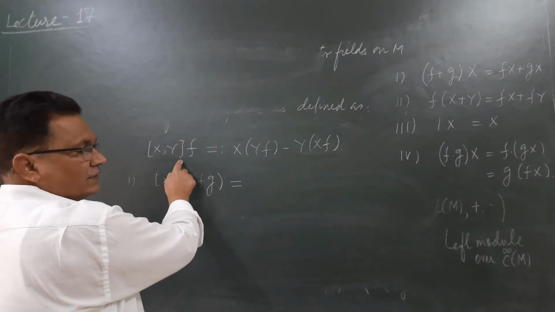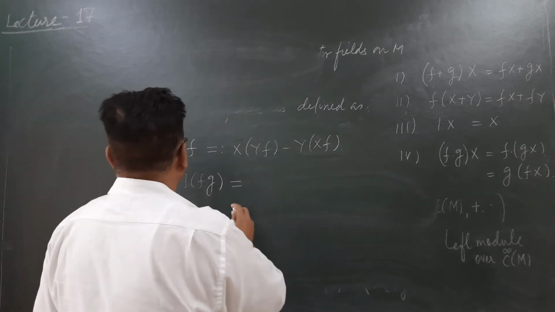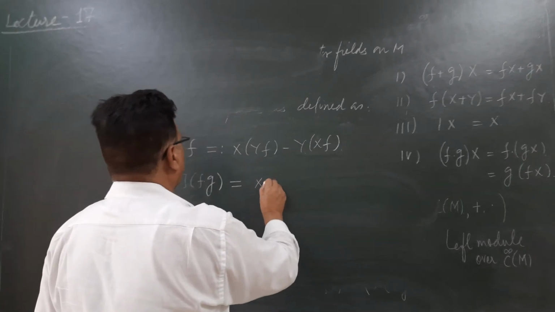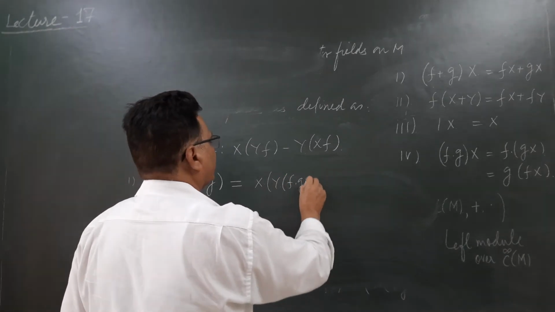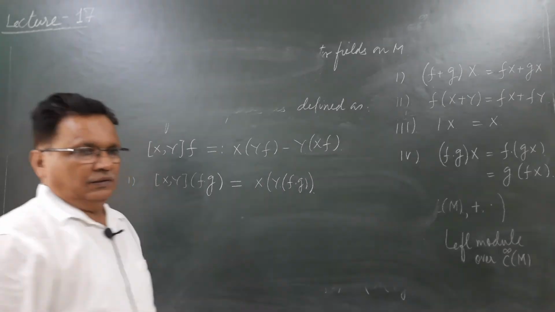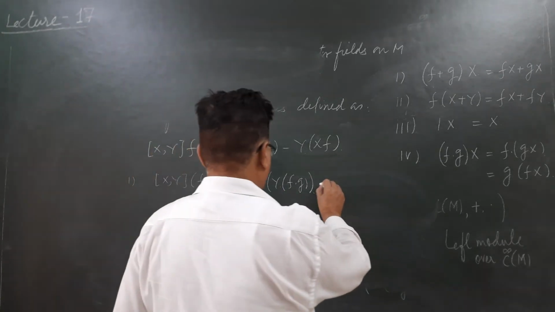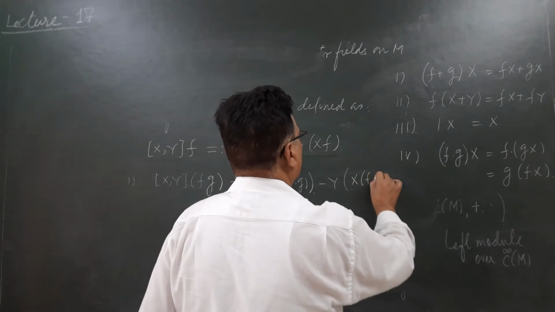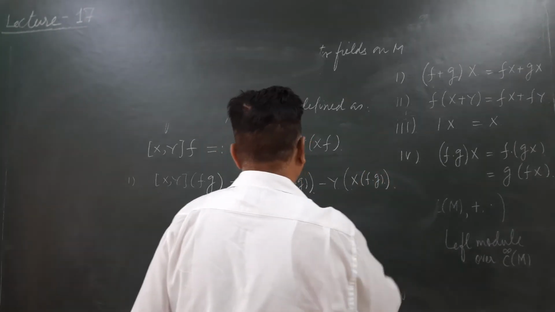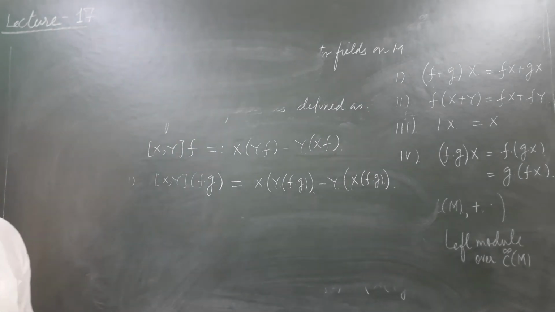So apply this definition written on the top. So it is X operating on Y operating on f into g, minus Y operating on X operating on f into g. This is by definition of the Lie bracket.